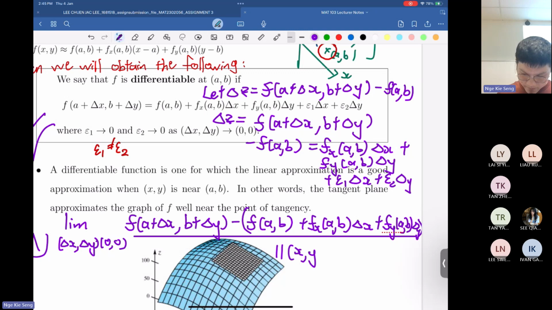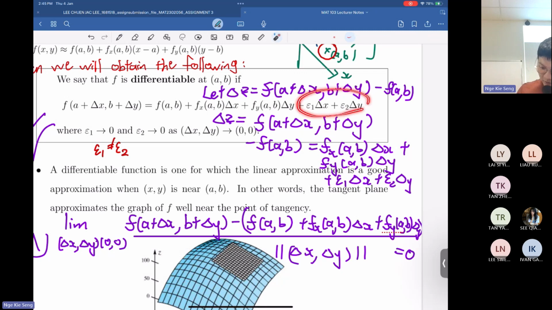Let me see. Okay, so what do I want to say here? This epsilon 1 and epsilon 2, these two things are like a limit. Let me see how I should put this.